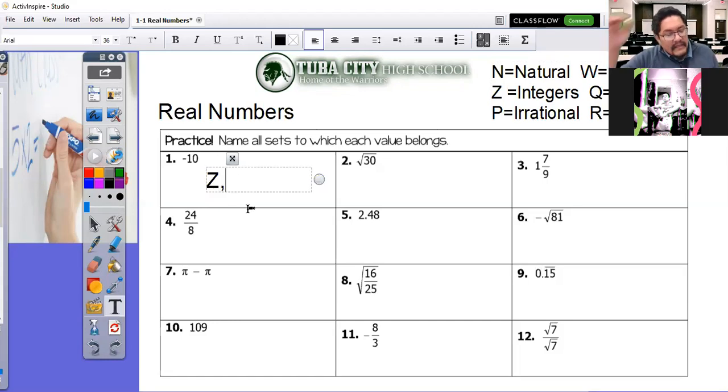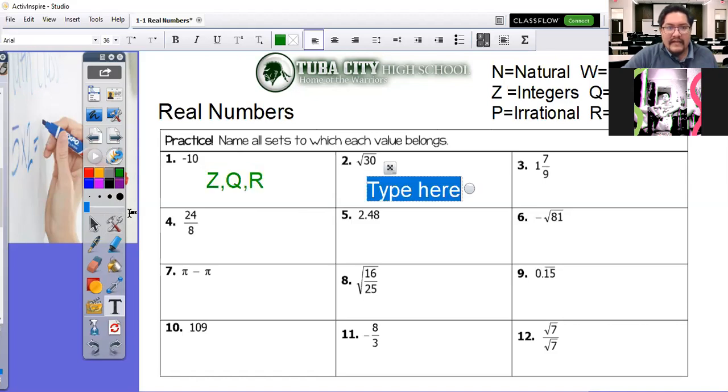And then the next one: it's an integer and it is also rational and it is a real number. Oops, real number is E. That one wasn't a mistake, I just pushed the wrong button. So it is an integer, it is rational, and it is a real number. So there we go, we got all of that sorted out.